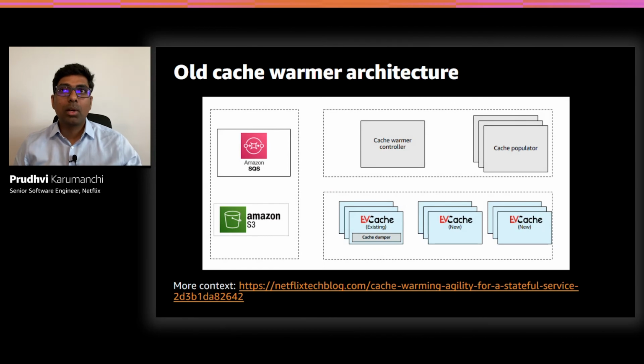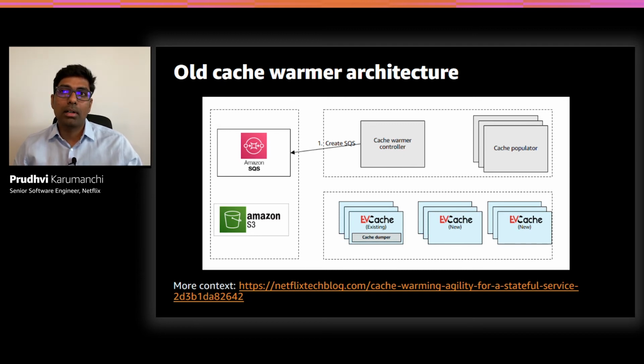With these design goals, we have this cache swarmer architecture, which is basically the V1.0 architecture. Let's quickly go through the entire workflow. The cache swarmer controller serves as the orchestrator, and it orchestrates the entire cache swarming activity end to end. The first thing it does is create a dedicated SQS queue for a particular warming event.